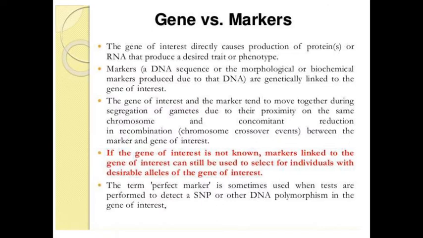Likewise, a genetic marker is a similar thing which tells about the location of a gene of interest. When you search for a gene in a gene map, it is the marker which enables us to know the location of that gene, and as such we identify the desired gene.